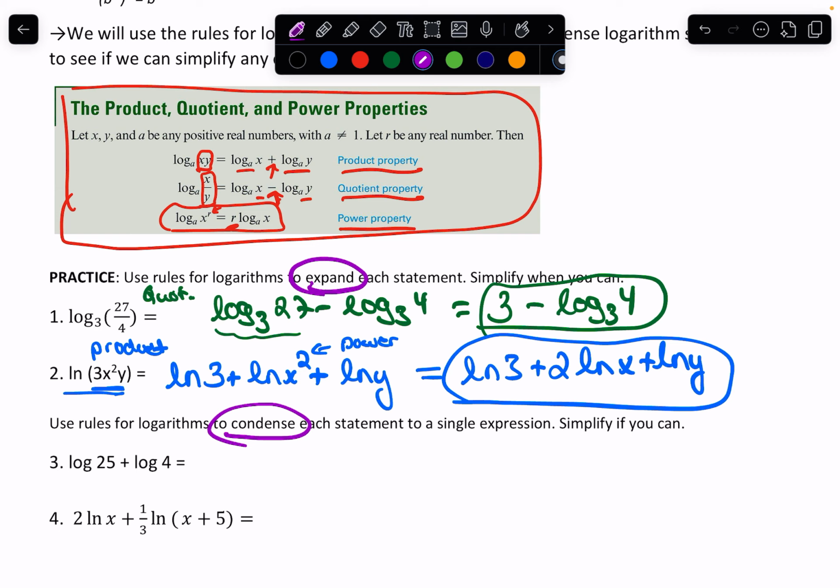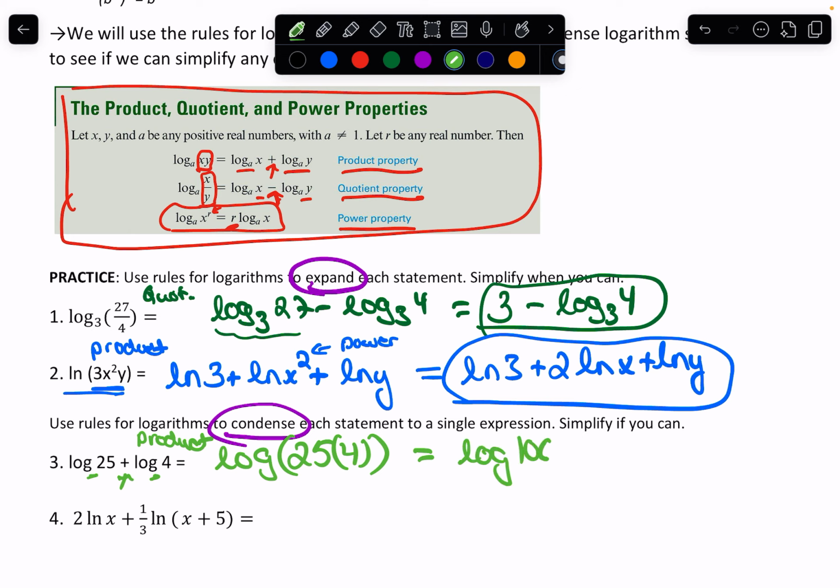So for example, this first one, we have an addition here. We have the same base, which is the common log. So what we're going to do is use the product property, but backwards. So common log of 25 times 4. 25 times 4 is 100.